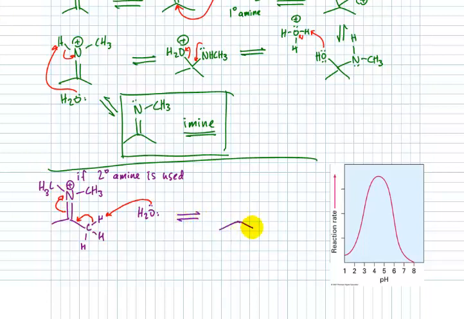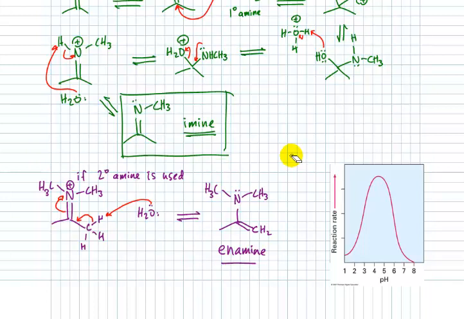We will now have this compound, N-C=C single bond, CH3, going off in both directions. This is an enamine, that we get by, instead of using a primary amine, using a secondary amine.